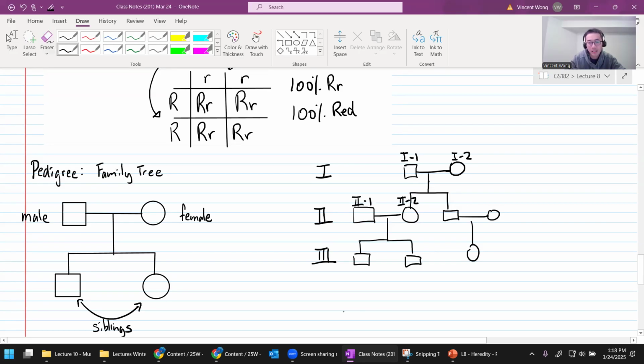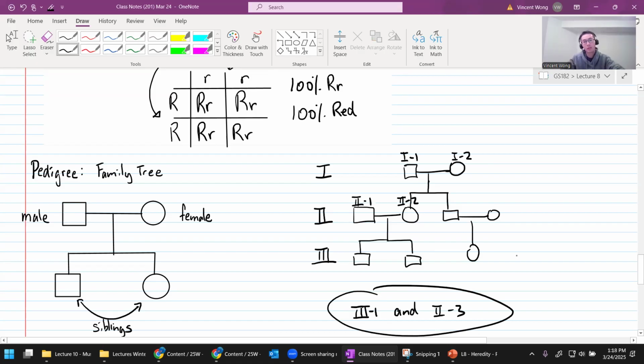Okay. So what's the relationship between 3-1 and 2-3? 3-1 and 2-3. What's the relationship? I think mom and like son or daughter. 2-3 is right here though, right?